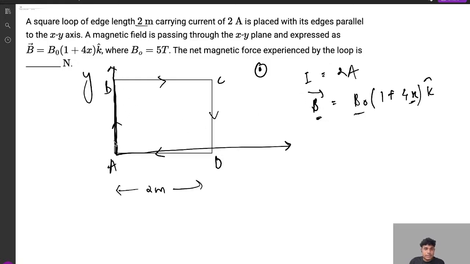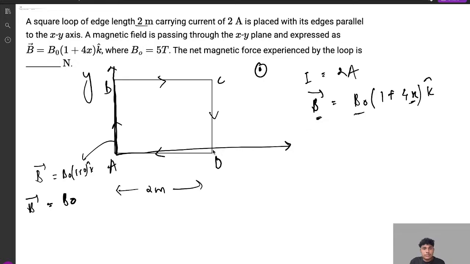If we talk about AB, what is B here? Putting x equal to 0 on AB, B is equal to B naught (1 plus 0) in the k cap, that is B naught.